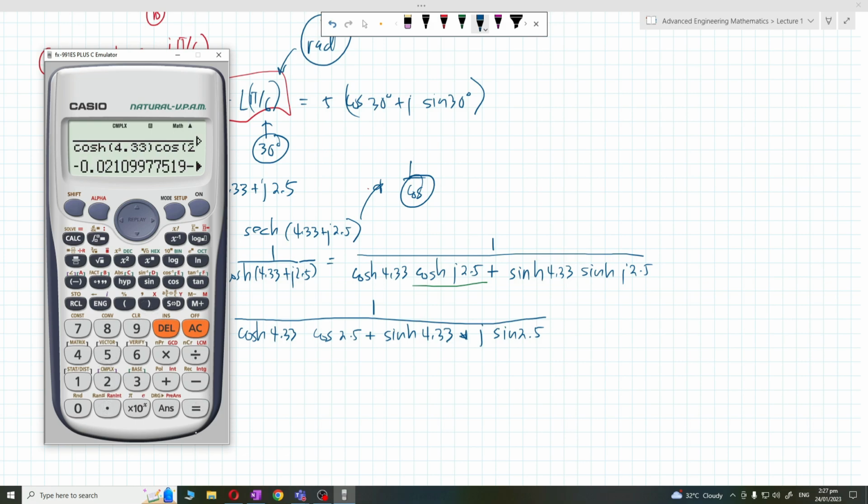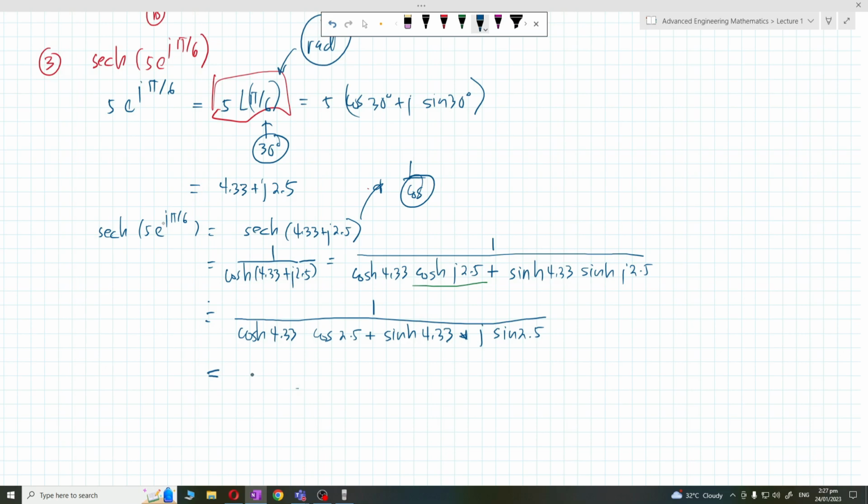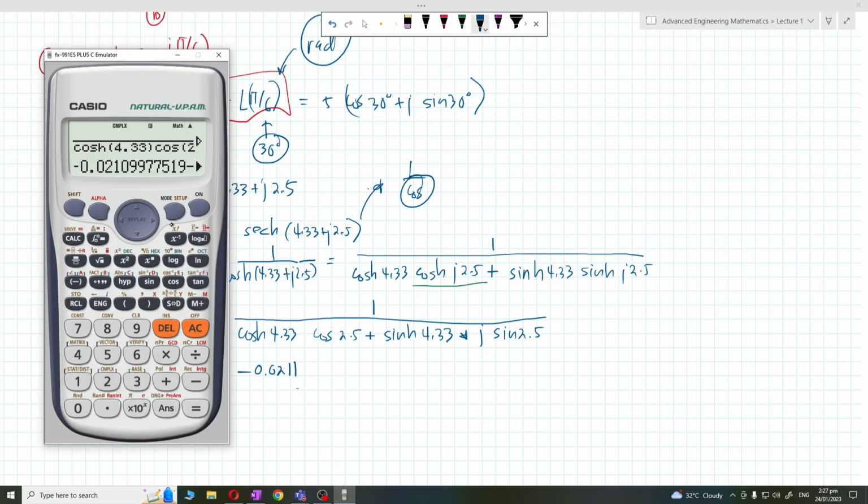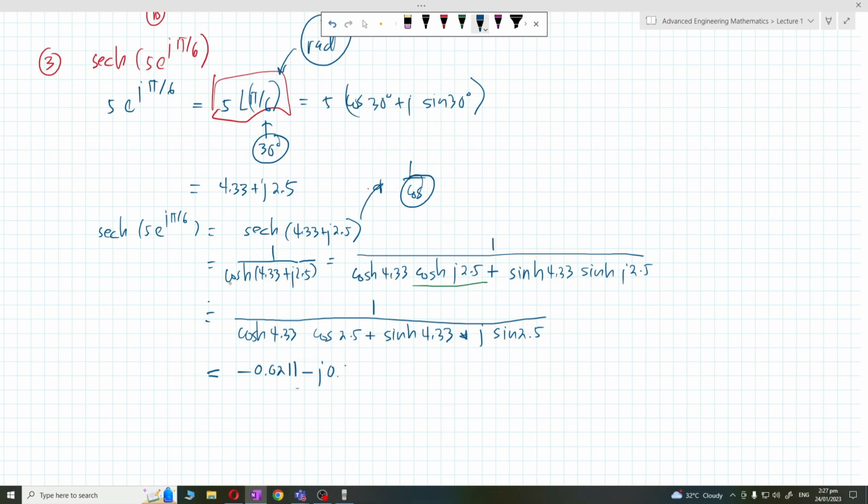Ayan, so lumabas is negative 0.0211, then minus j 0.0158. Ito guys yung equivalent nung secant hyperbolic of 5 e raised to j pi over 6.